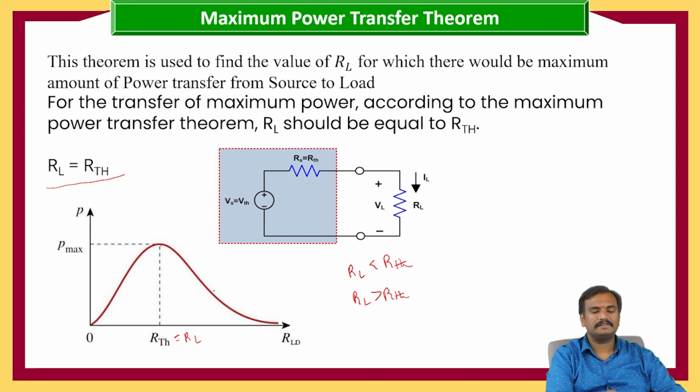This is the characteristic of power versus load resistance. When the load resistance increases up to the RTH value, the power increases. After that, the power will decrease. So at the condition RTH equals RL, the power will be maximum.